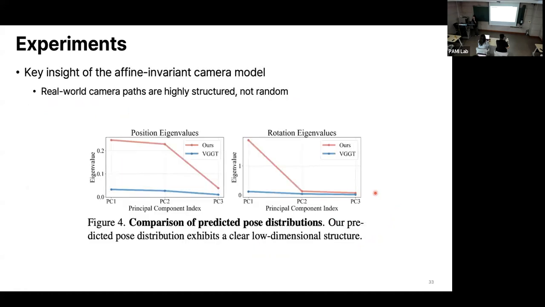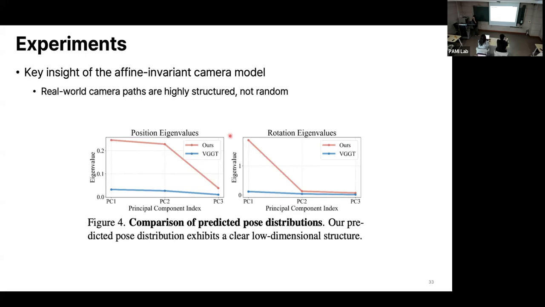They also suggest some interesting insight for their permutation-invariant camera model. They present that real-world camera paths are highly structured and not random. For example, people take images along some trajectory, orbiting the object or moving along a sphere.